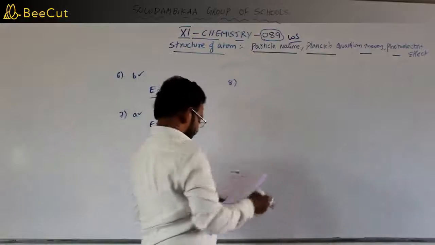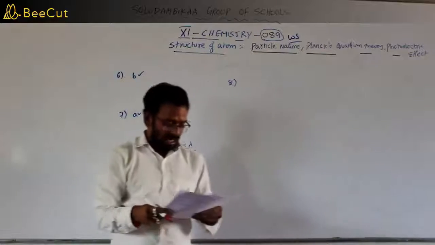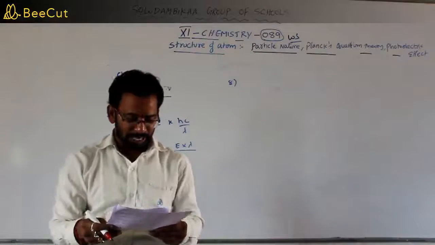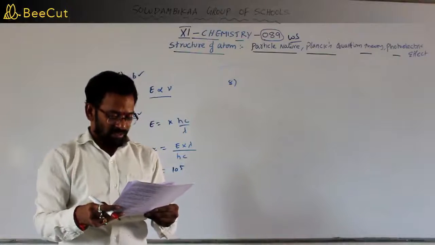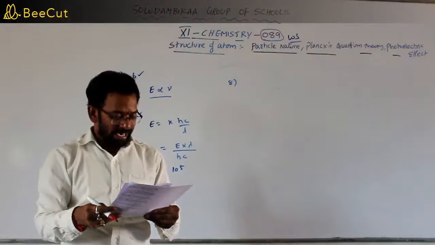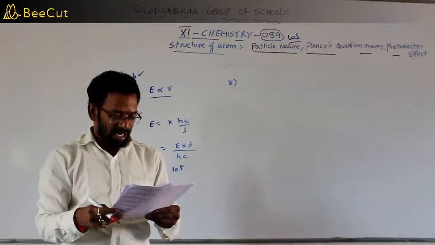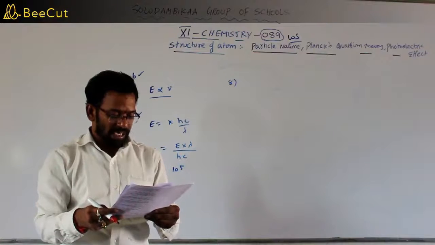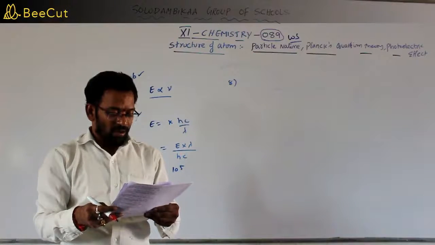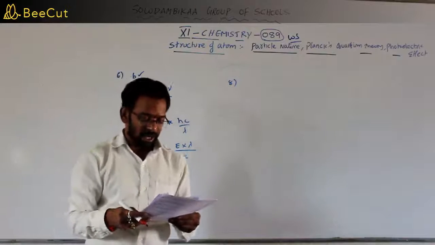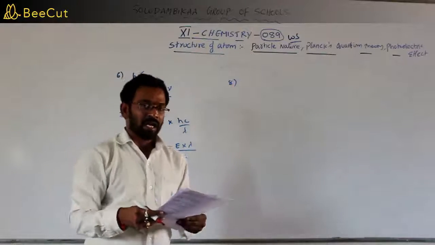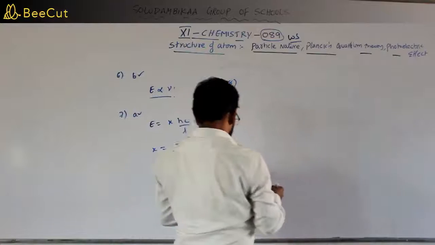Question number 8. A photon of 400 nanometer is absorbed by a gas molecule, and then the molecule re-emits two photons. One re-emitted photon has 500 nanometer. Assume that there is no change in energy of the molecule. Then the wavelength of the second re-emitted photon is? Here the question is based on two photons emitted with wavelengths lambda 1 and lambda 2.